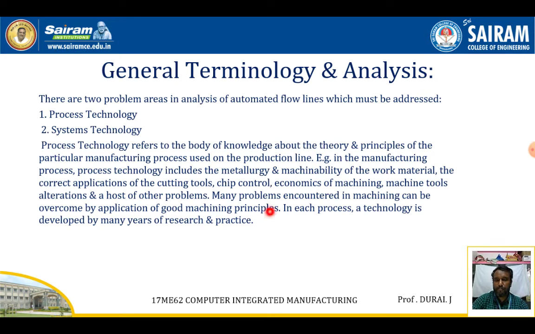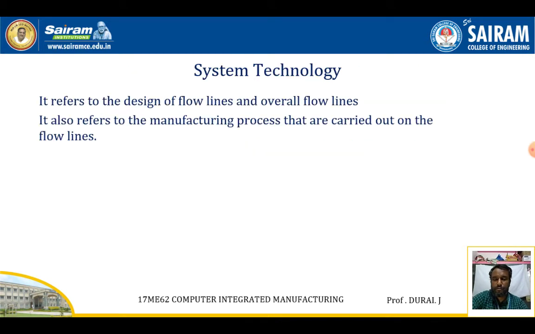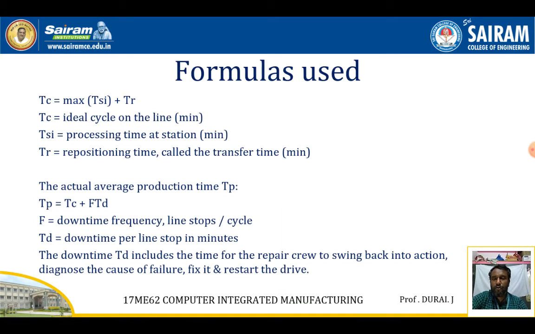Many problems encountered in machining can be overcome by the application of good machining principles. Then comes the system technology. It usually refers to the design of flow lines and the operation of flow lines, and also the manufacturing process carried out on the flow lines.